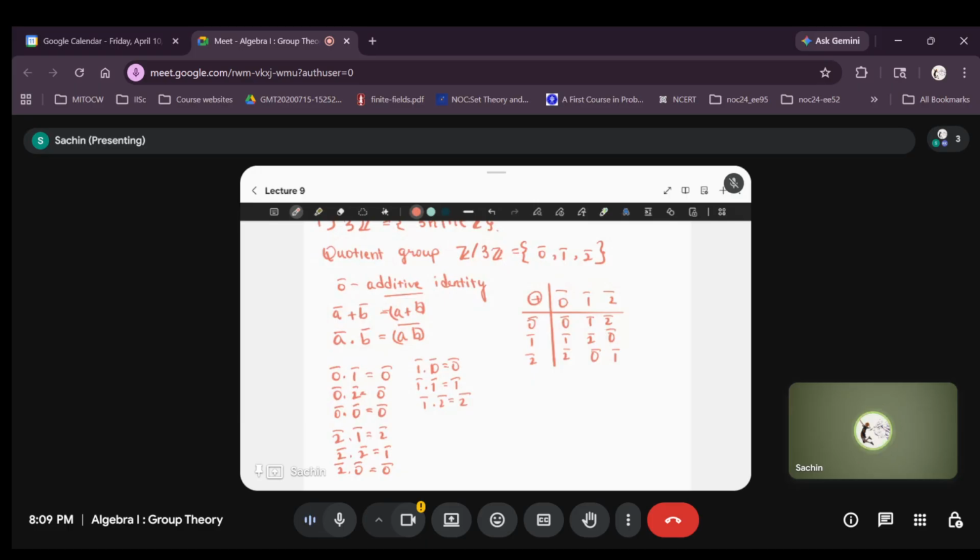So it's closed. You can check the multiplicative identity is 1 bar. The multiplication is associative and commutative. All the properties hold. So this is actually a ring.